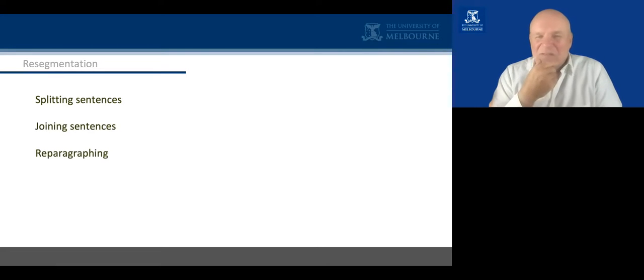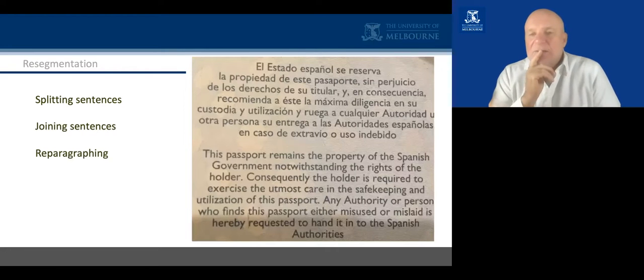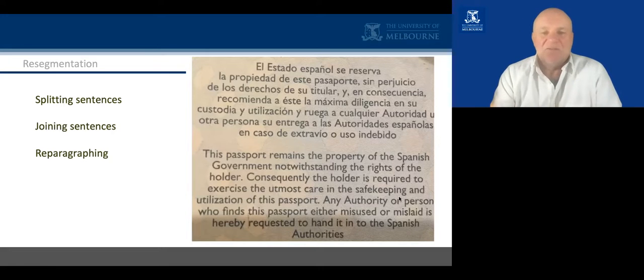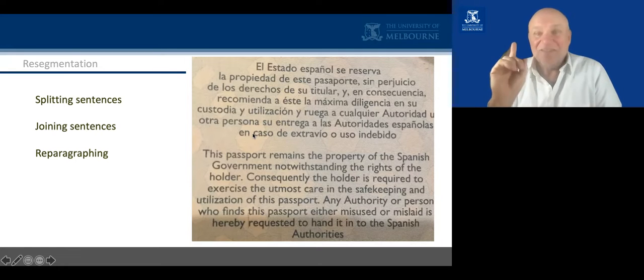I would also extend this to paragraph organization, since different cultures have different ways of using paragraphs. But here's my favorite example of it. I might have shown it to you before. It's from the Spanish passport. I'll just point out without going through it in detail that the Spanish text there is 1 sentence.